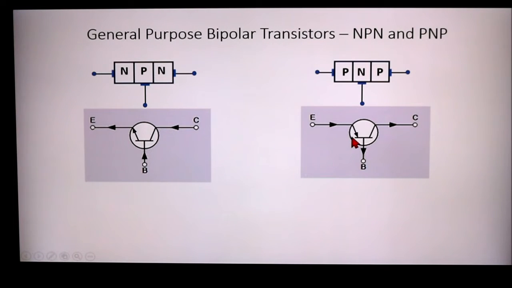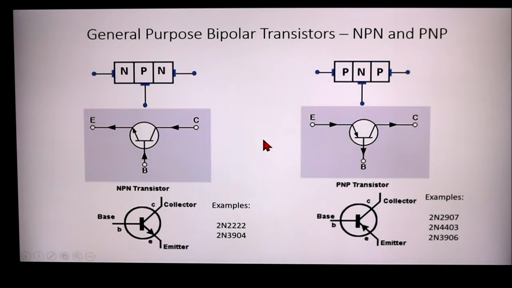The only difference between NPN and PNP is the polarity. Now this is how they look on a schematic diagram with the base, collector, and emitter identified. The one we're going to focus on today is an NPN 2N2222, but a PNP 2N2907 is the PNP equivalent of the 2222.